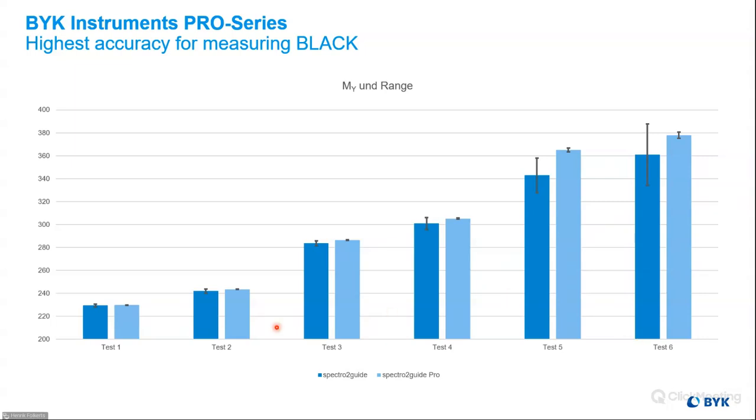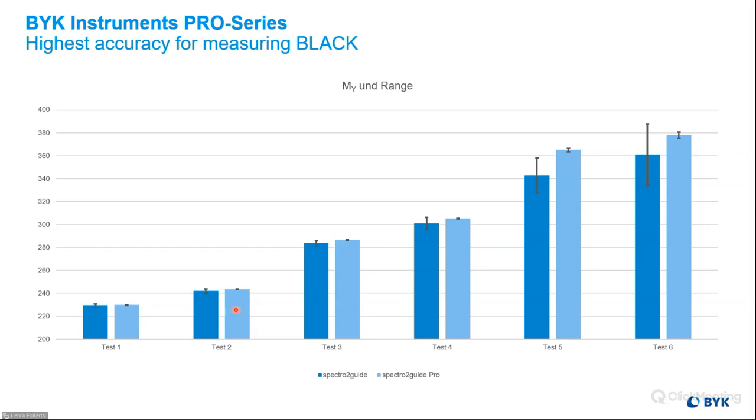The dark blue bars show the average of MY after 50 measurements with the Spectro 2 guide, and the light blue with the Spectro 2 guide Pro. And here you see the variations found in these 50 measurements.